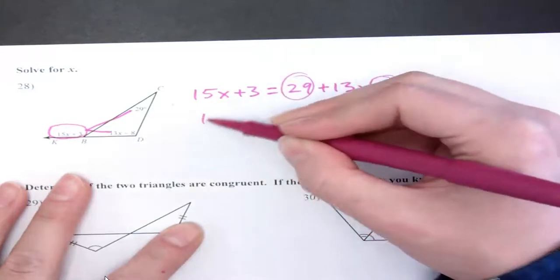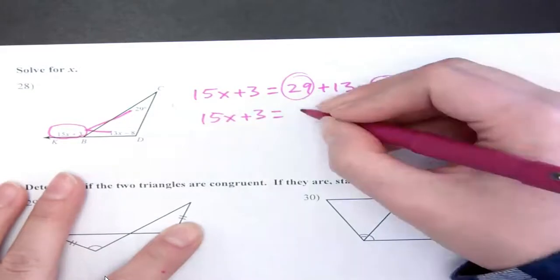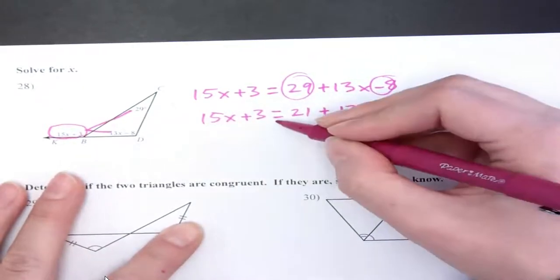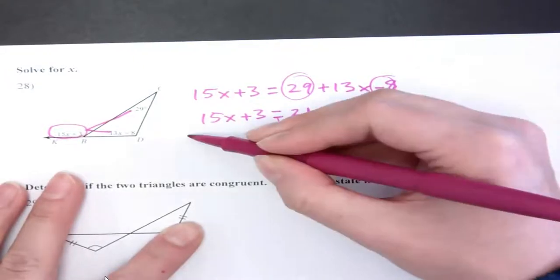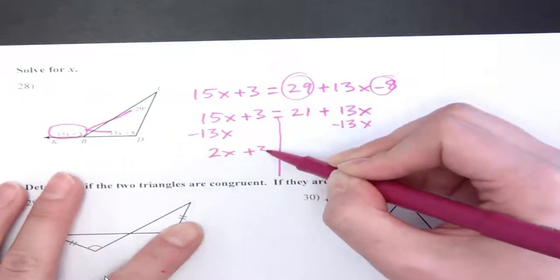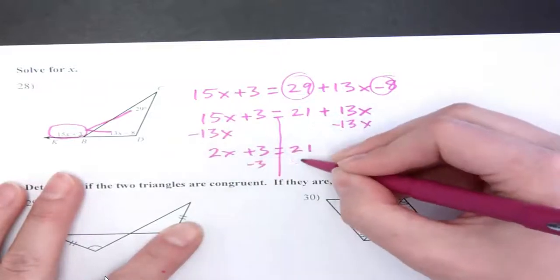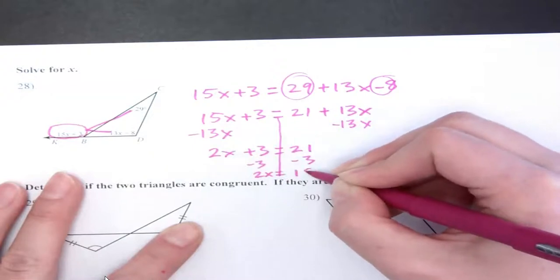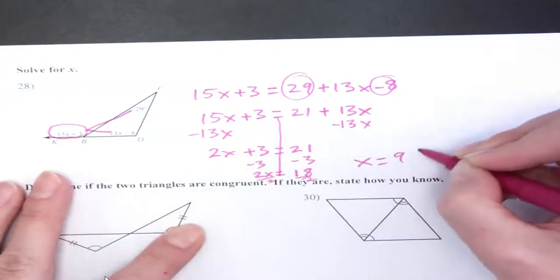So I have 15x plus 3 equals 21 plus 13x. Now I'm going to cross the line, do minus 13x to get 2x plus 3 equals 21. Subtract 3 to get 2x equals 18. Divide by 2 to get x equals 9.